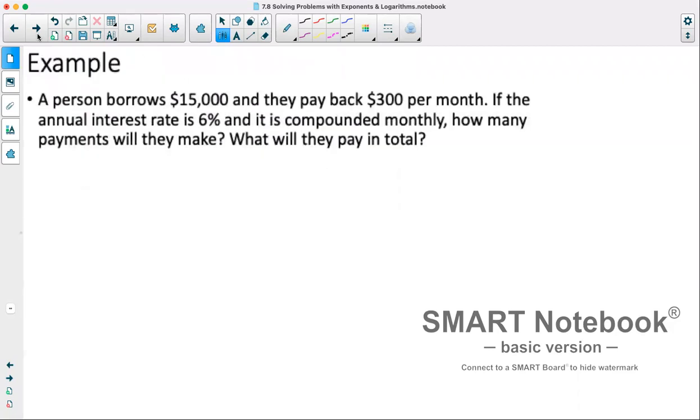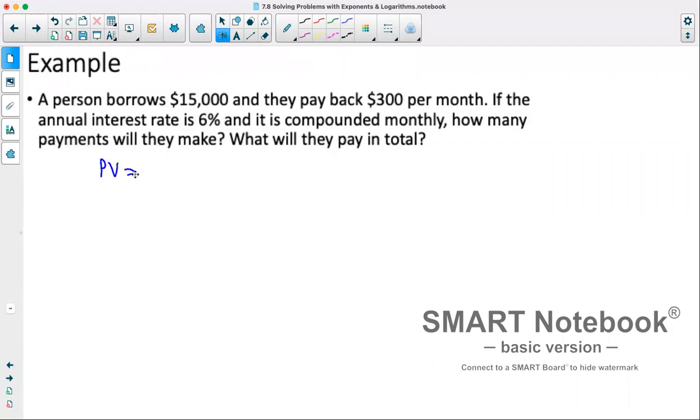So for example, a person borrows $15,000 and they pay back $300 per month. If the annual interest rate is 6% and is compounded monthly, how many payments will they make? And what will they pay in total? So just like the last one, I would start by writing out what information we have.